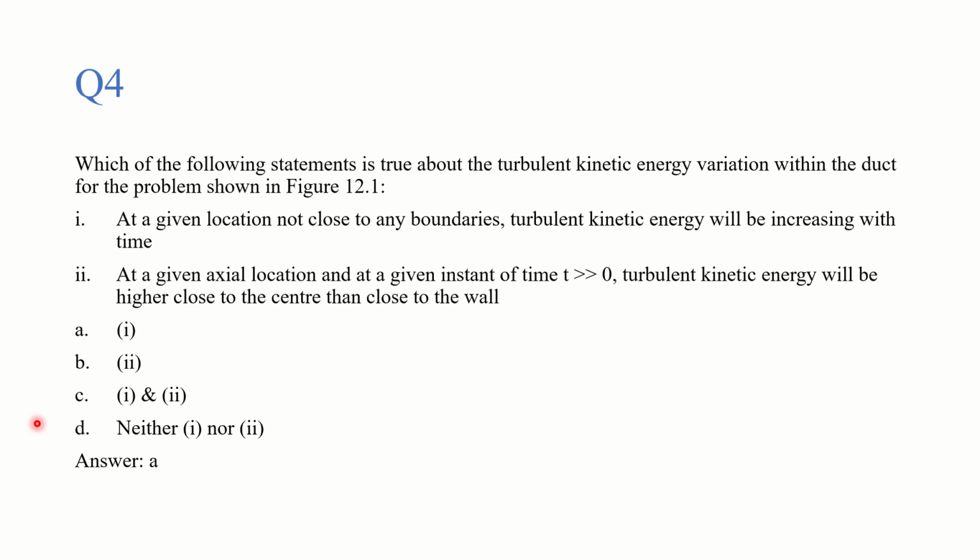Two, at a given axial location and at a given instant of time, turbulent kinetic energy will be higher closer to the center than close to the wall. Okay, so options given are either 1, or only 2, or 1 and 2, I mean both 1 and 2, or both of the statements are wrong.